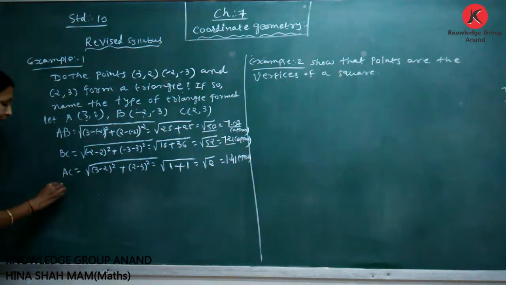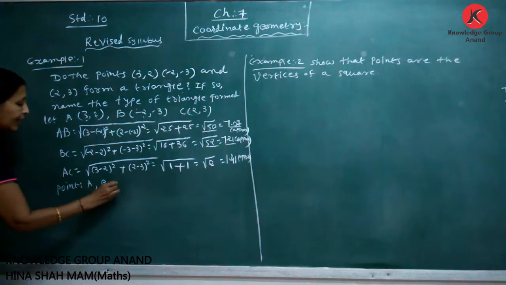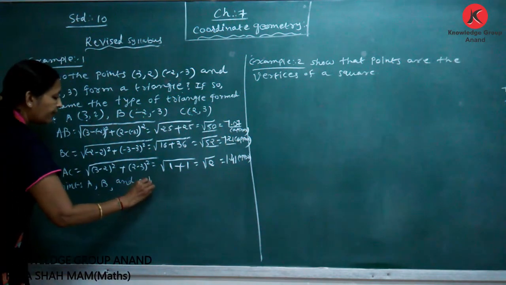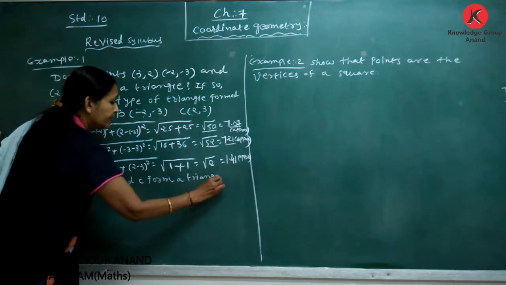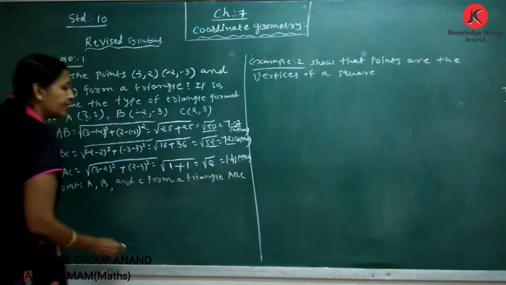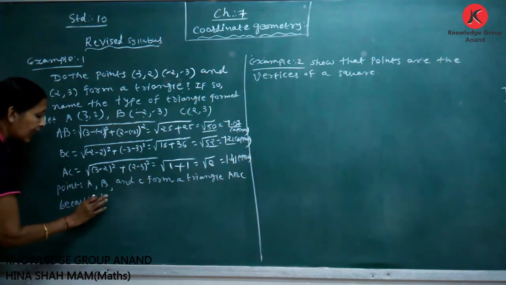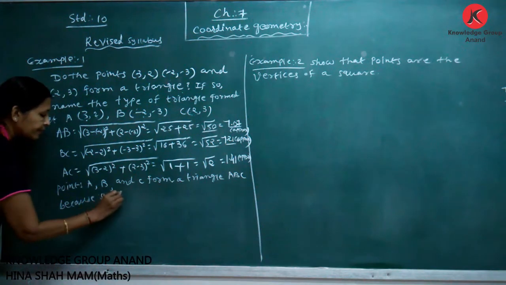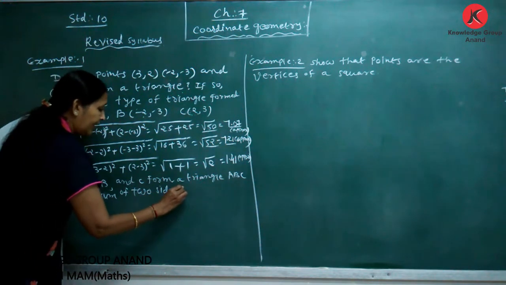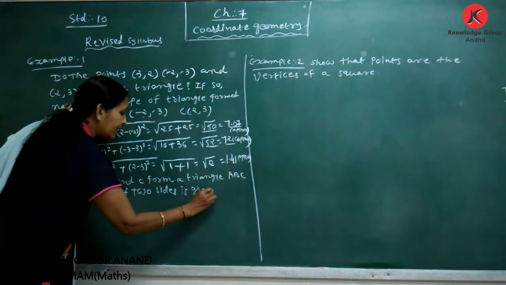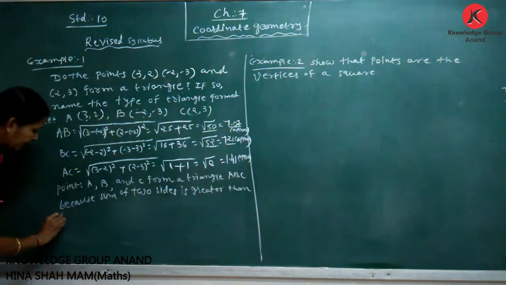So we write here that points A, B and C form a triangle ABC because the sum of two sides is greater than the third side.